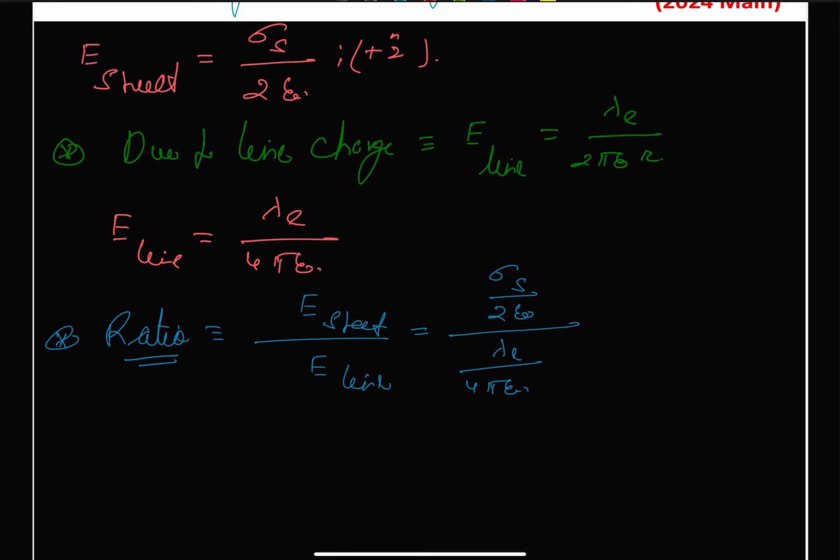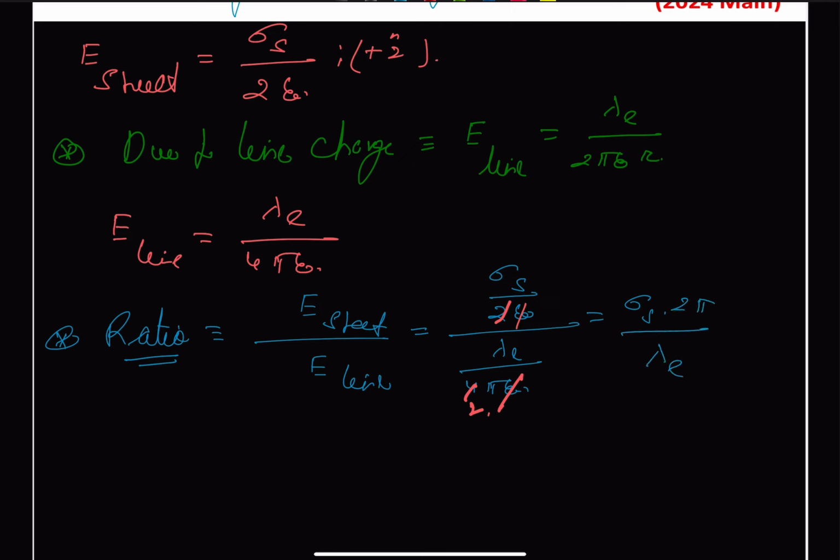Here epsilon naught cancels out, and this 2 goes with 2, and we are left with, this will go above, so we get this as sigma s multiplied by 2 pi divided by lambda e.